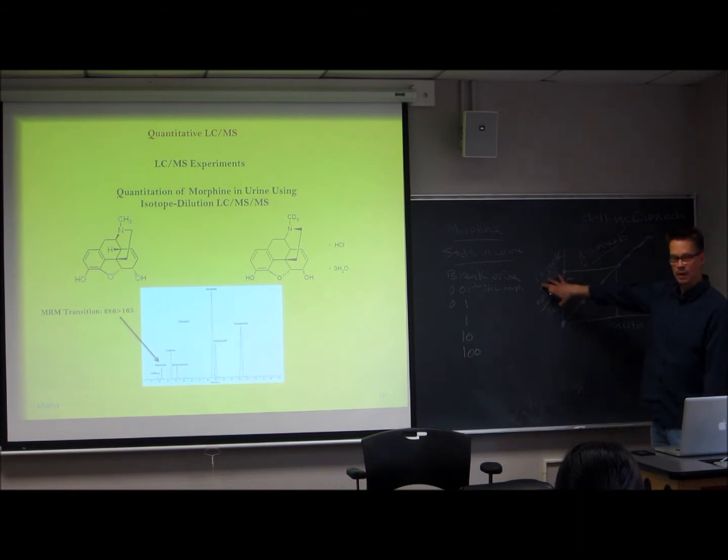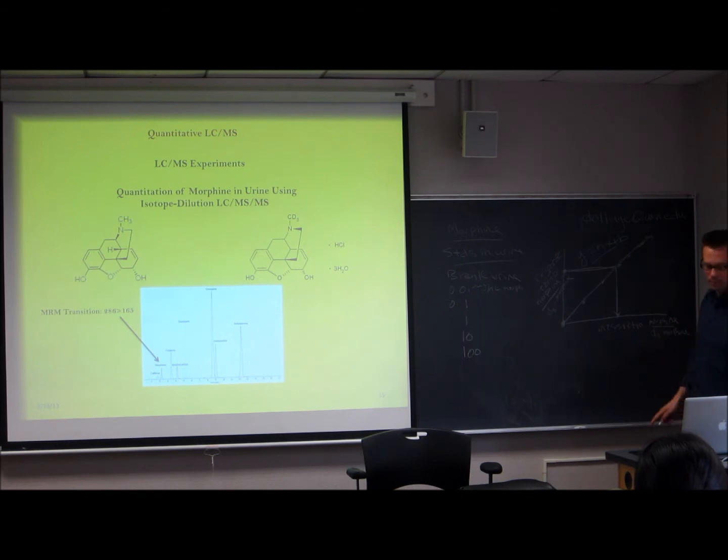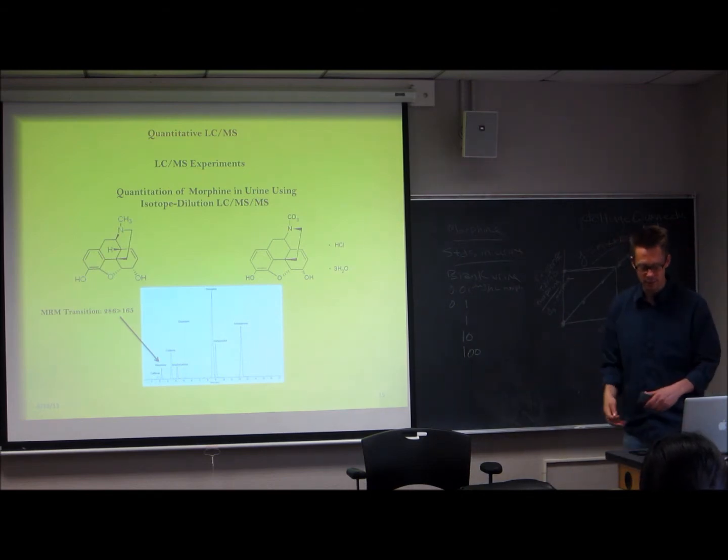We can measure the response ratio in the samples here. Come over here, use the equation of the line to calculate the mass ratio, and knowing the mass of D3 morphine in the sample that you've spiked in, you can calculate the mass of morphine in your sample. We'll do that.